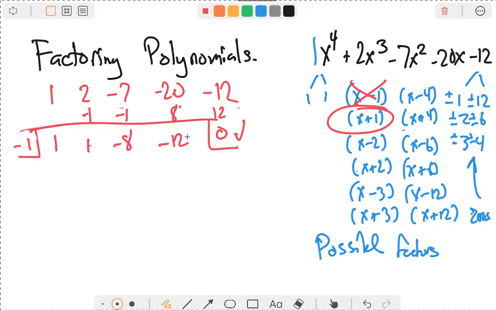I've at this point broken this down to x plus 1 times x cubed plus x squared minus 8x minus 12. Now, I don't have to keep trying to look for factors for this whole polynomial. I got this x plus 1 out. I can just work with this one here. Now let's try to find a factor out of here.